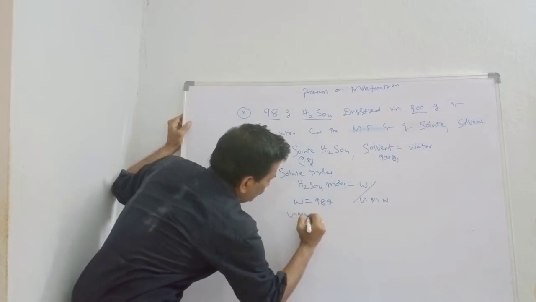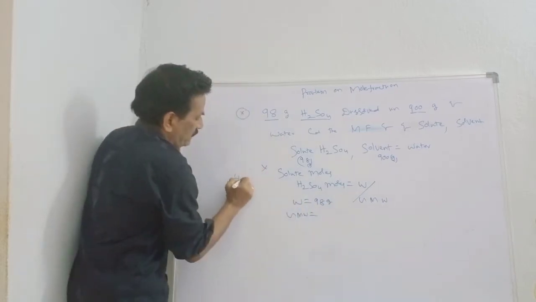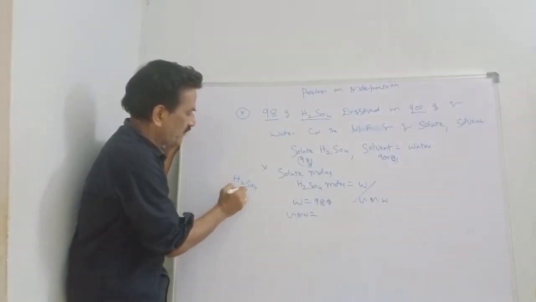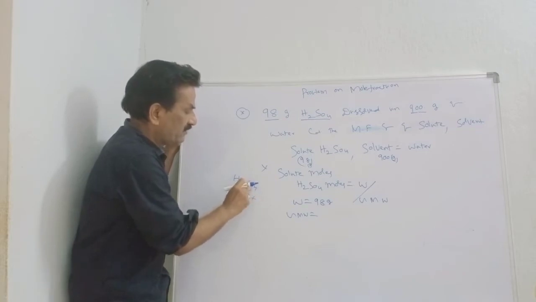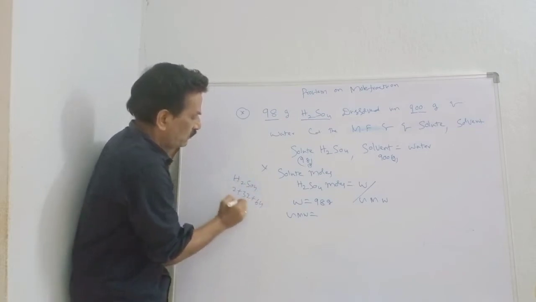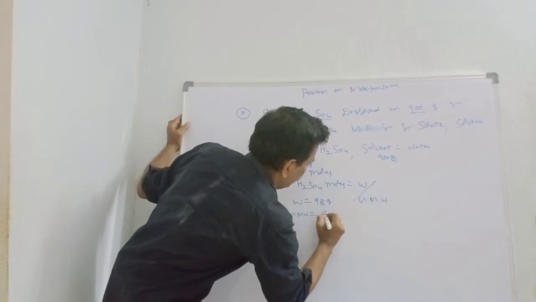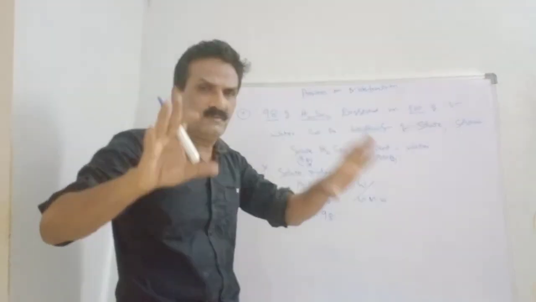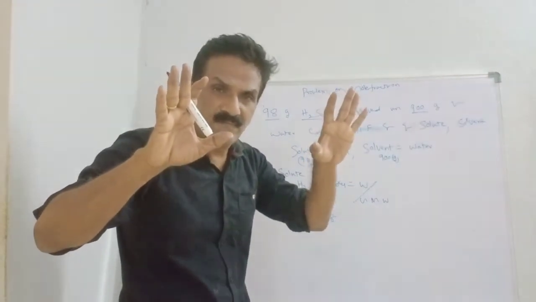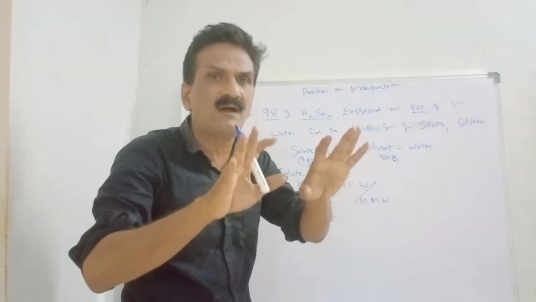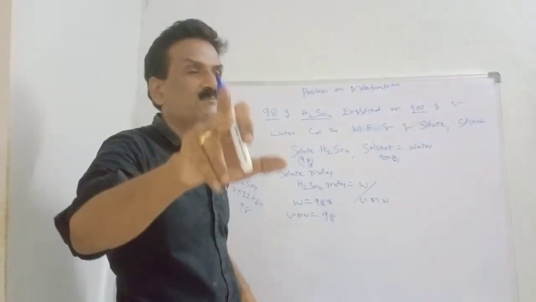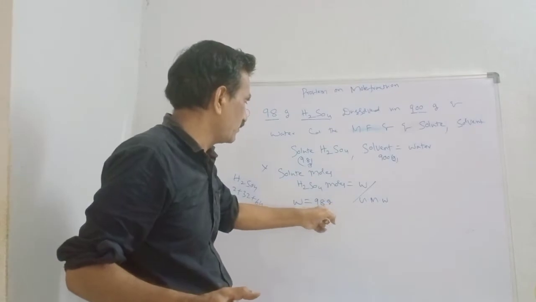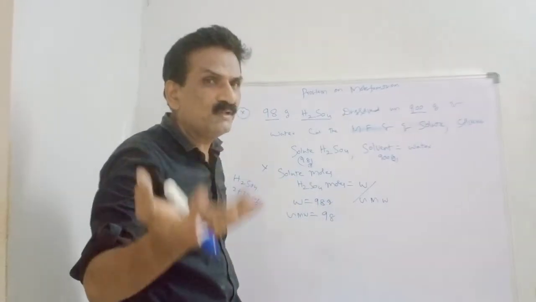Gram molecular weight of sulfuric acid, H2SO4, already discussed in the first year. H2, 2; sulfur 32; oxygen 16 into 4, 64. Total 98. I think you are clear. If you want solute moles, what is the formula? Weight of the substance upon gram molecular weight. Weight of the substance, what he has given, 98 grams. Molar mass, you know very well.